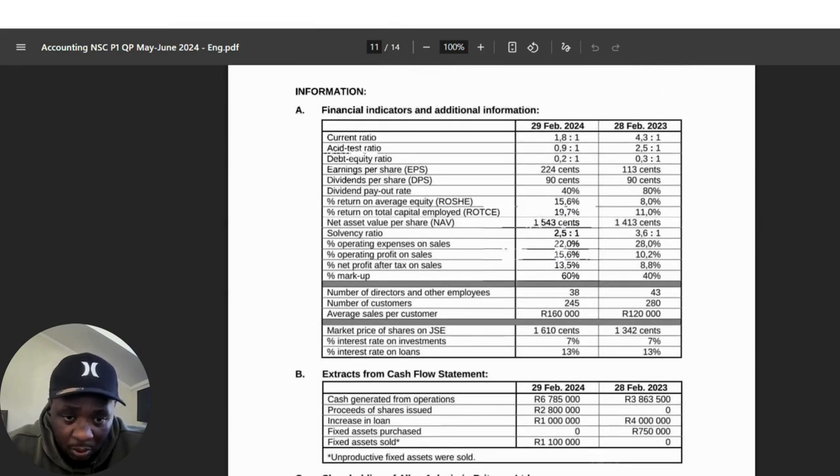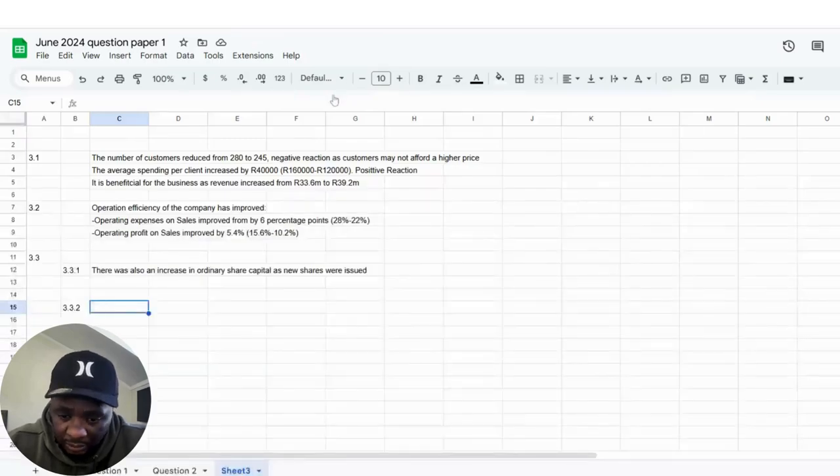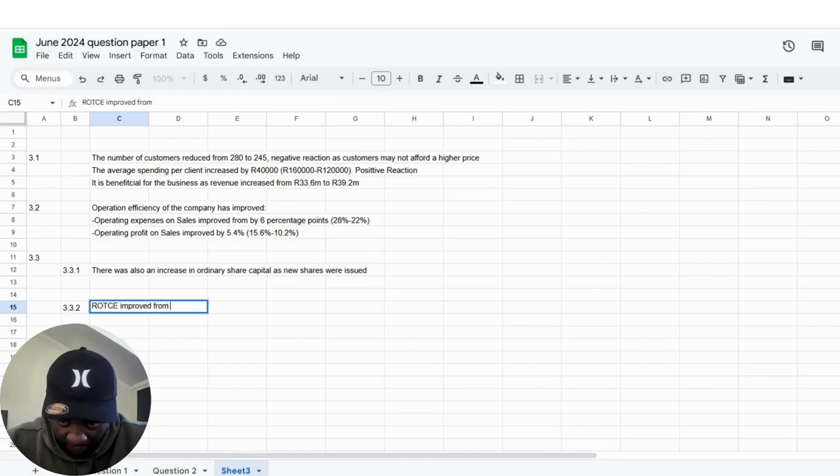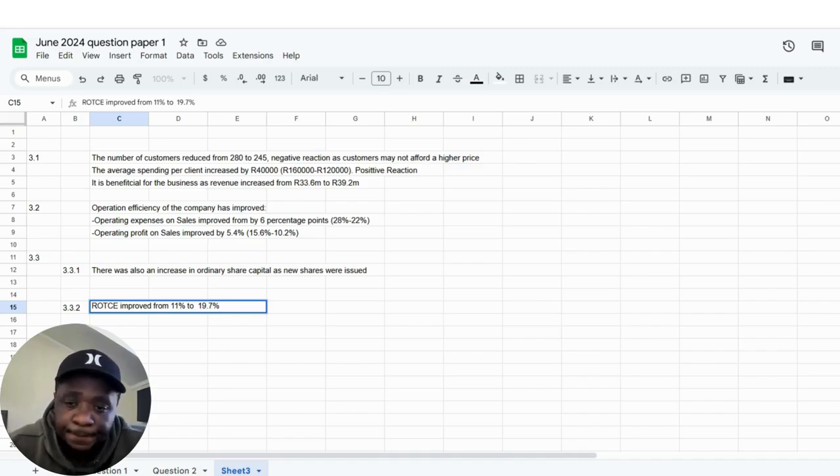Okay, so let's point that out then. So we're going to say that ROTCA improved from 11% to 19.7%. All right, so that would be the first point.